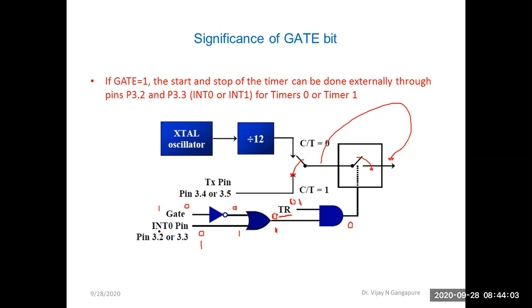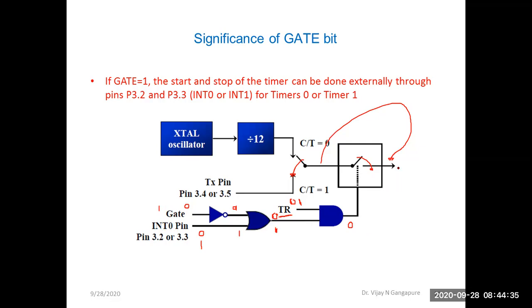Even if the TR bit is 0 or 1, if the INT0 input is 0 and the gate bit is 1, the timer will always be off. We cannot control the timer by simply using the TR bit. So when the gate bit is 1, then by using the INT0 pin and TR0 bit in case of timer 0, we can control the operation of this timer 0.